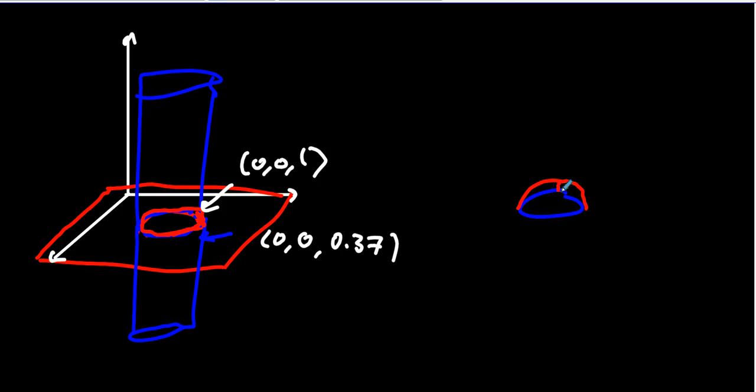Okay. And all it's saying is that we have this minimum here. This is 0, 0, 0.37, and it's essentially saying that this maximum here is 0, 0, 1. This is all this is saying. So it's essentially saying that the disk bounds this function between these two relative extrema.